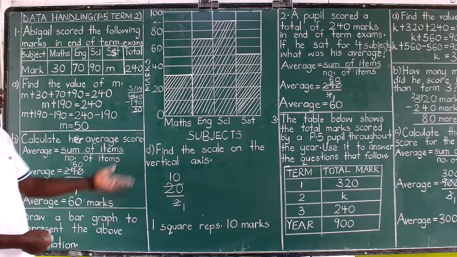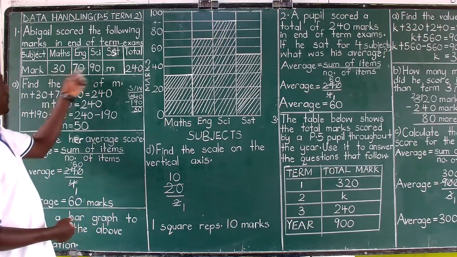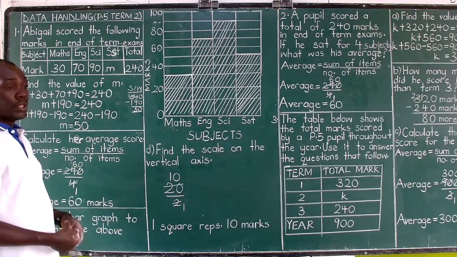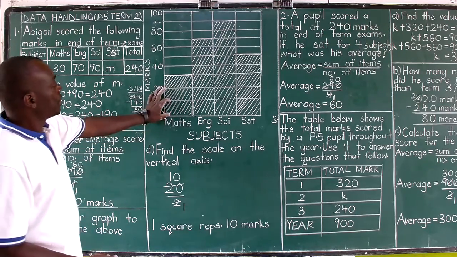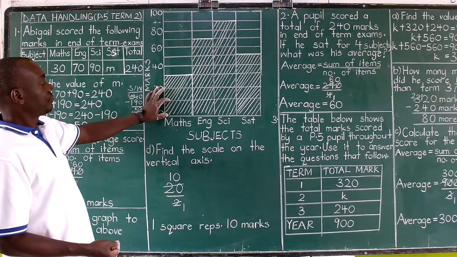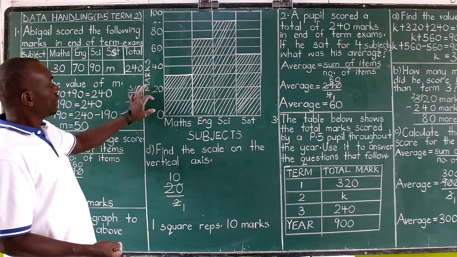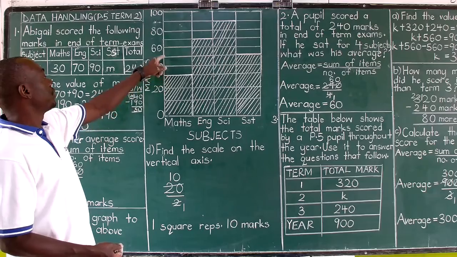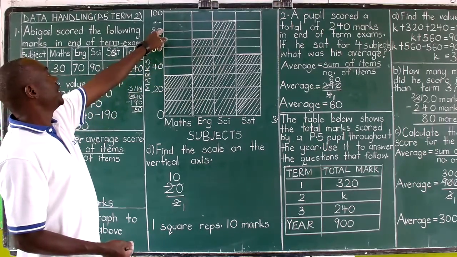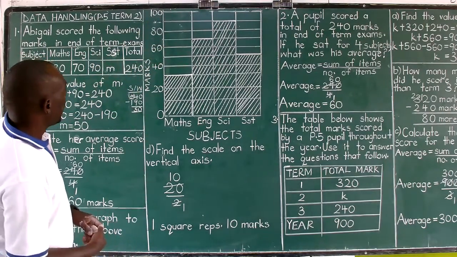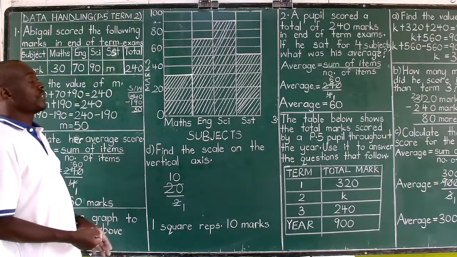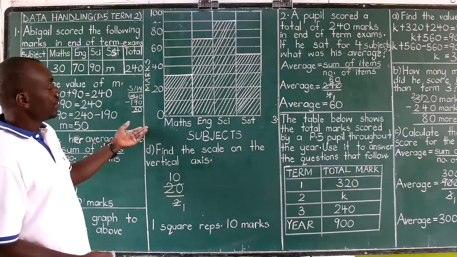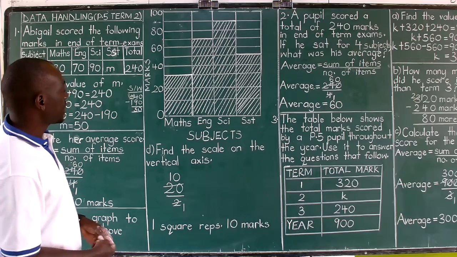So now you choose, they are all divisible by 10, so it's better to have each unit here having 10 marks. So say 10, 20, 30, 40, 50, 60, 70, 80, 90, 100, and then you show that vertically, these are marks scored, these are subjects from which the marks are scored.